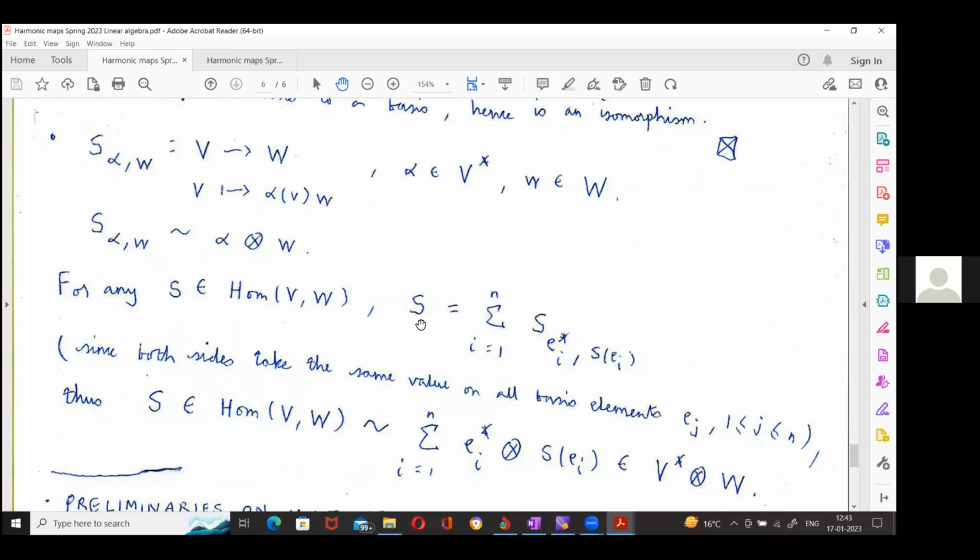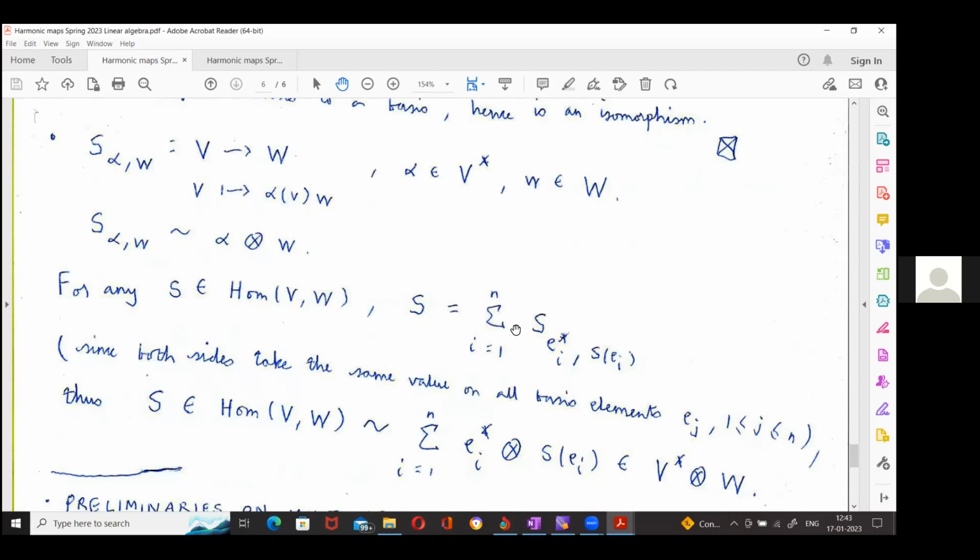So therefore, this right-hand side sum will map e_j to S of e_j. That means both the left-hand side and the right-hand side are linear maps which take the same value on all basis elements e_j. Therefore, they are equal.